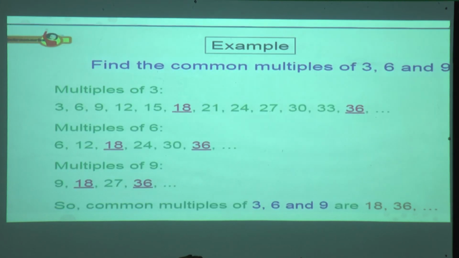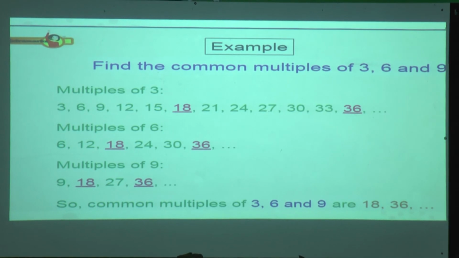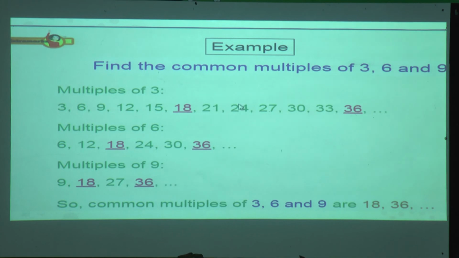Let us see a few more examples. Now we have to find the common multiples of 3, 6 and 9. See here, multiples of 3 we will write first: 3, 6, 9, 12, 15, 18, 21, 24, 27, 30, 33, 36.